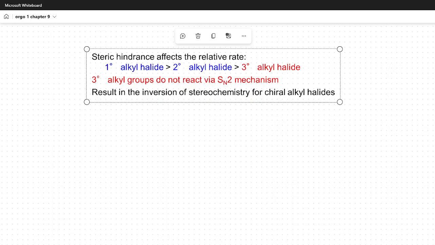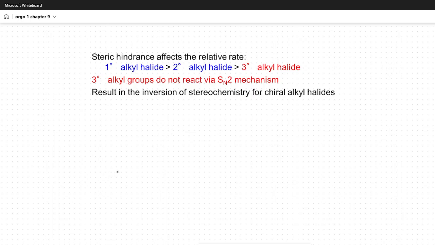When you have an alkyl halide, and let's say we know this alkyl halide has a chiral center, when the nucleophile comes in, the nucleophile will target this carbon, which has a partial positive charge, while the bromide has a partial negative charge.